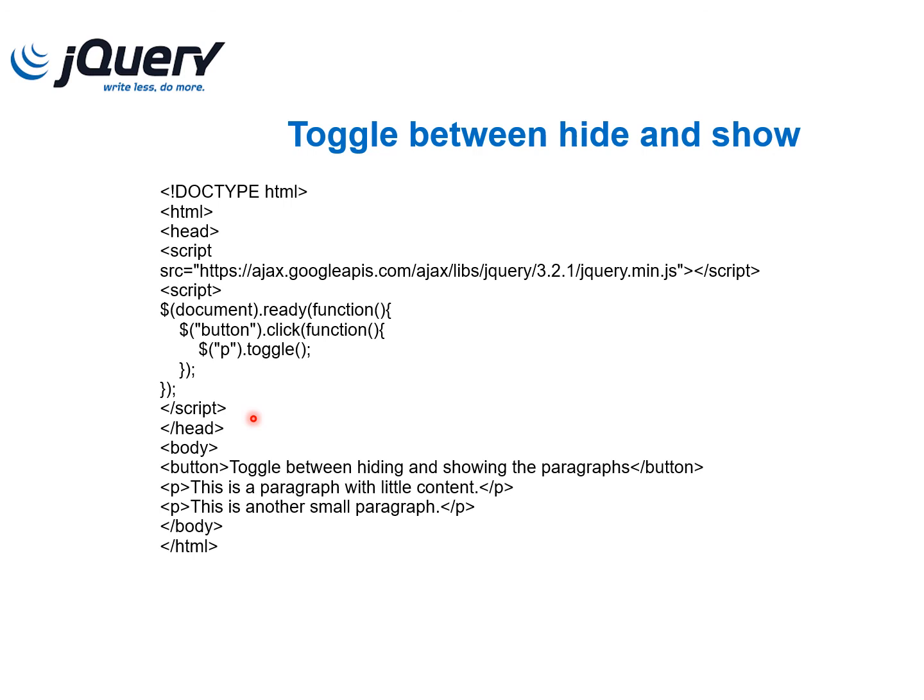If the paragraphs are hidden, the next click of the button makes them appear. On the next click, the third click, they will disappear again. So toggle is a function which is used to toggle between the hide and show functions in the corresponding example.